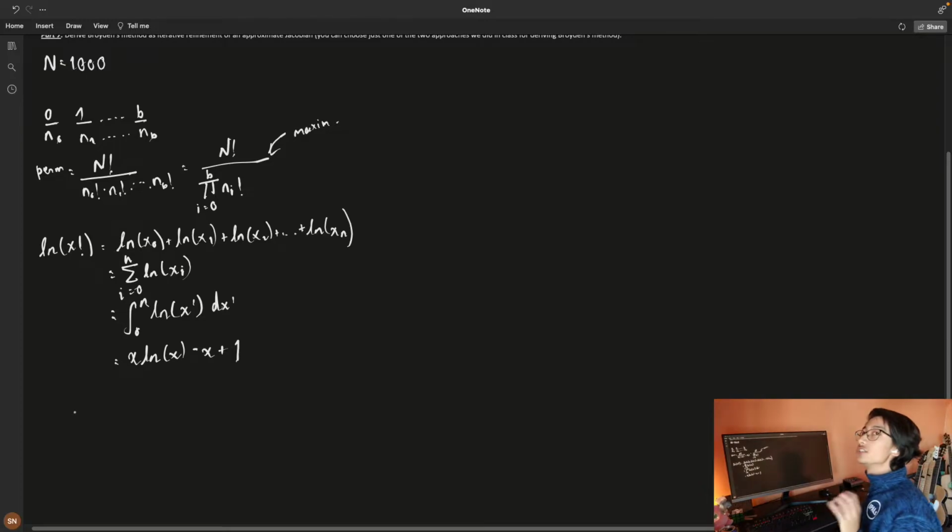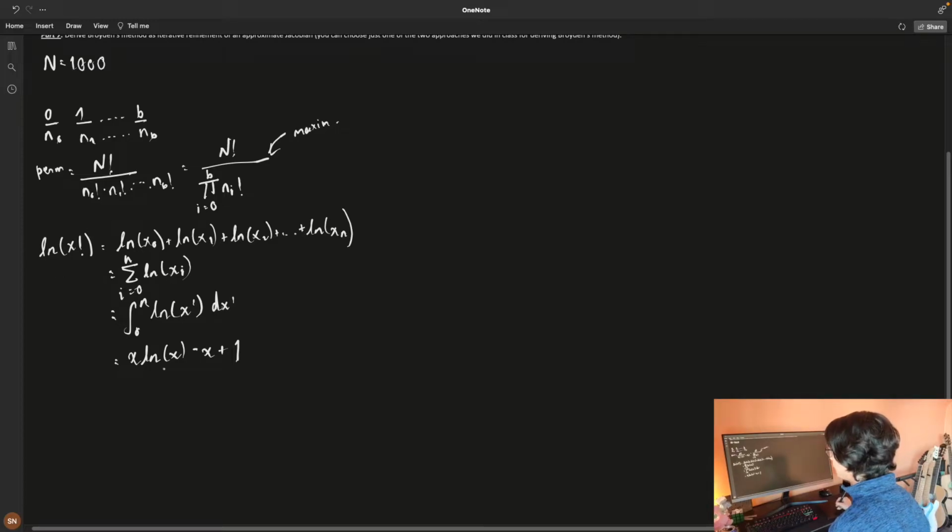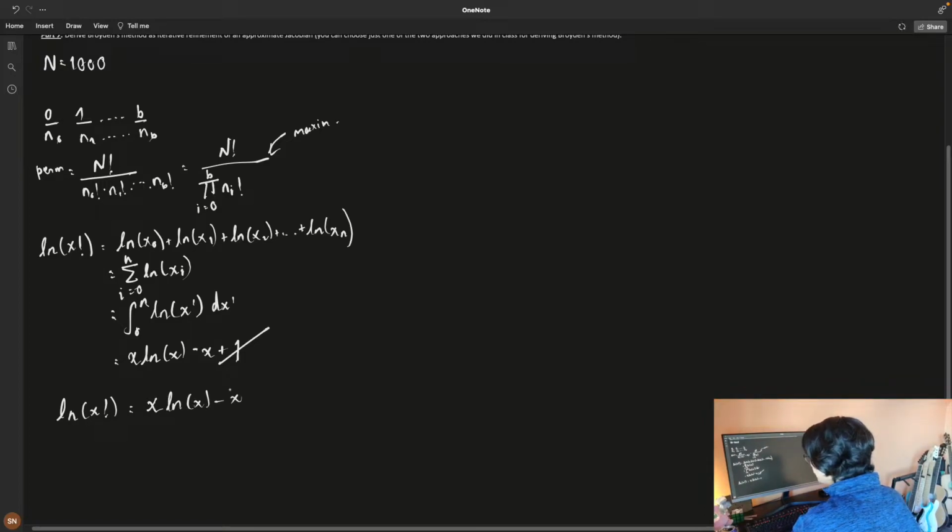This is where Stirling's approximation comes in. It basically says this value is approximately equal to this, such that we can ignore this 1. So our approximation is ln of x factorial is equal to x times ln of x minus x. So this is our Stirling's approximation.